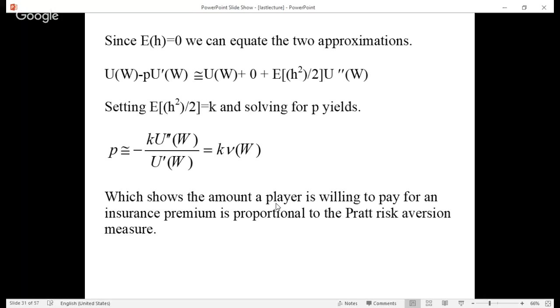It's just that he has more utility for other stuff. There's a ton of nuances. Again, this is theoretical. But the concept is sound, right? In other words, the premium is going to be proportional to some measure of risk aversion if we can measure risk aversion.